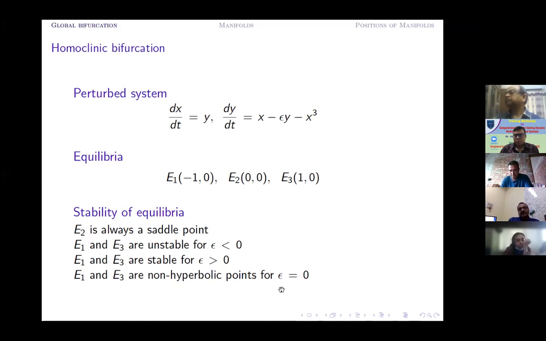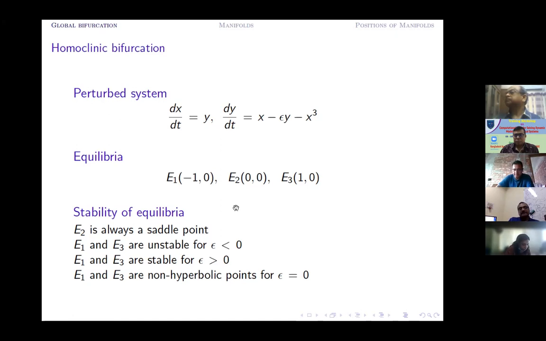At epsilon equal to 0, they are non-hyperbolic in nature, but there is no bifurcation of the equilibrium points E1 and E3. Rather, we can see a global bifurcation as epsilon passes through the value 0.